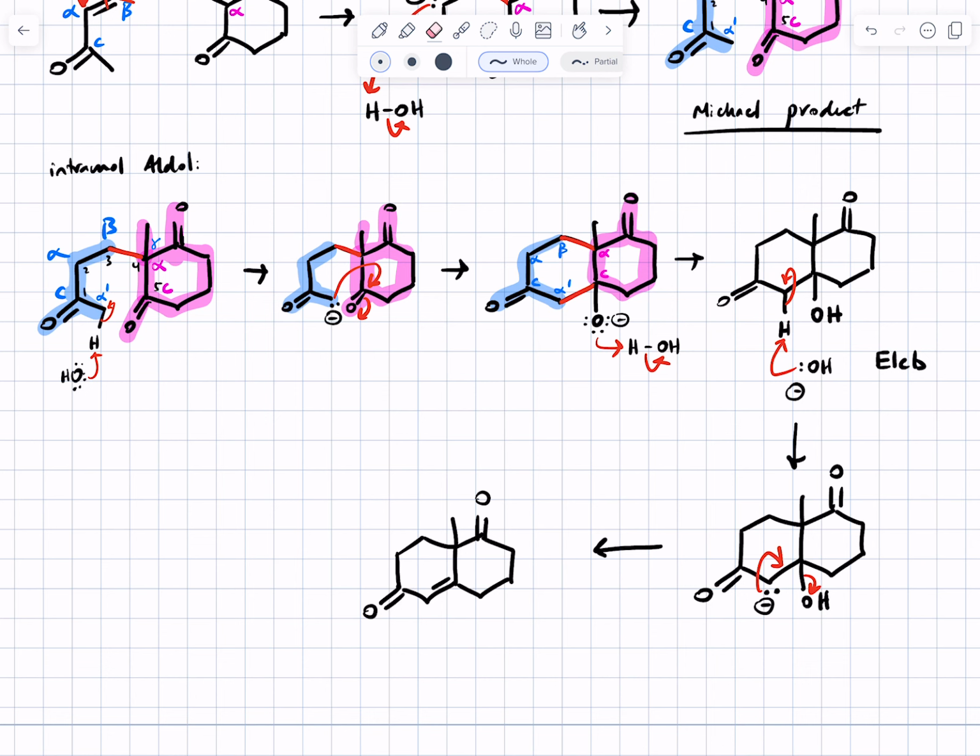Okay. So that's sort of the worst. Of course, with any reaction, you can do things in a predict-the-products way or retrosynthetically, thinking backwards.